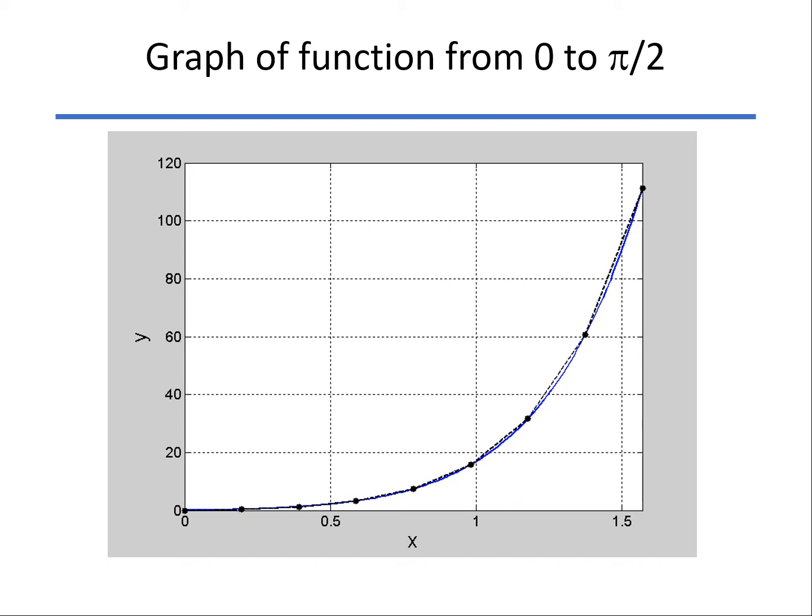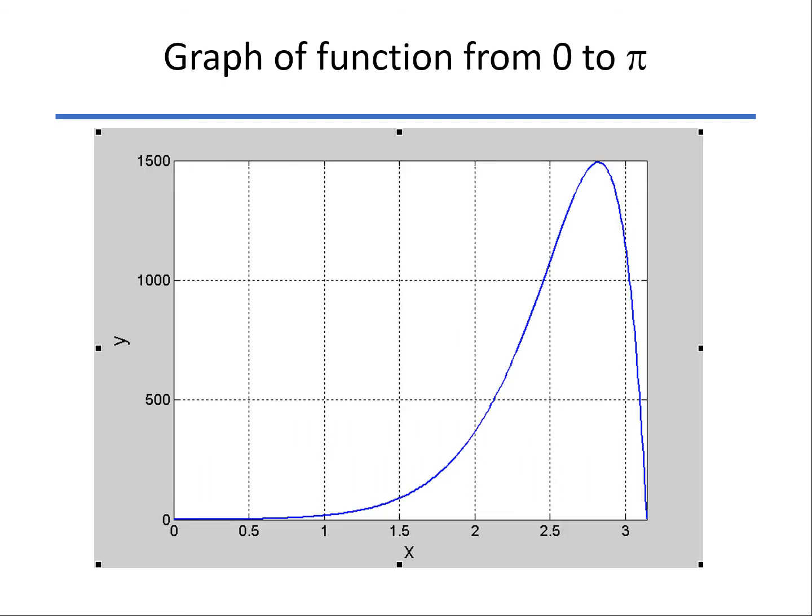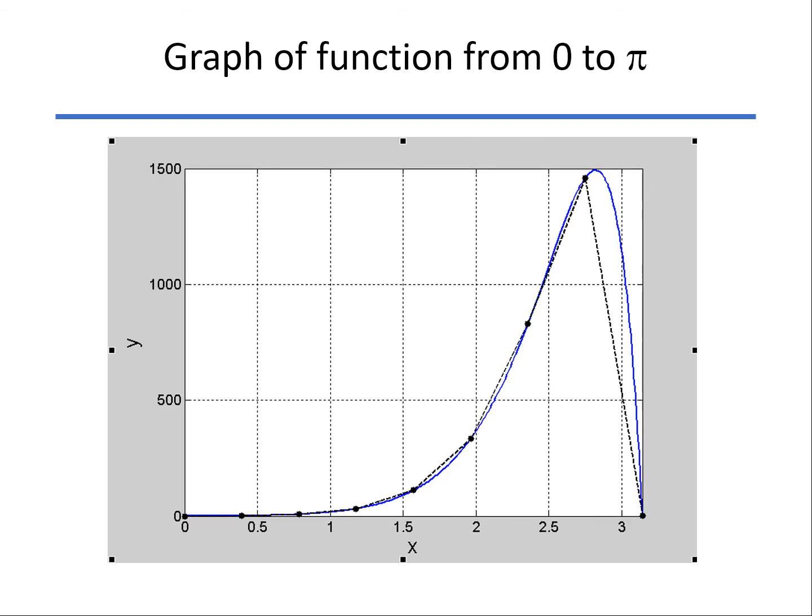Now let's look at the same thing if I graph that function from 0 to pi, a whole different shape. And when I look at what happens with the 8 increments, you can see, especially when I get to the upper region, that I don't follow that curve very well at all. So I ended up with a pretty large error. In this case, we underestimated by about 12%.